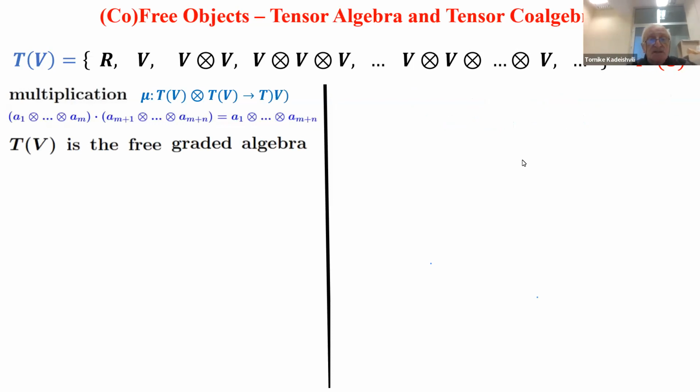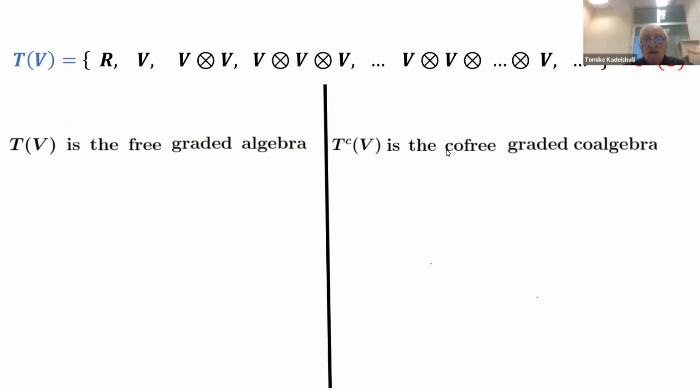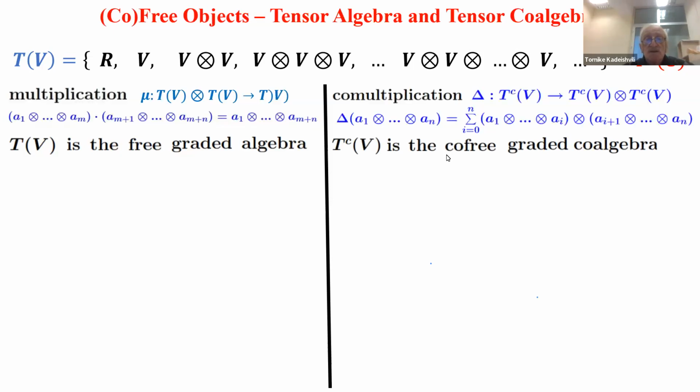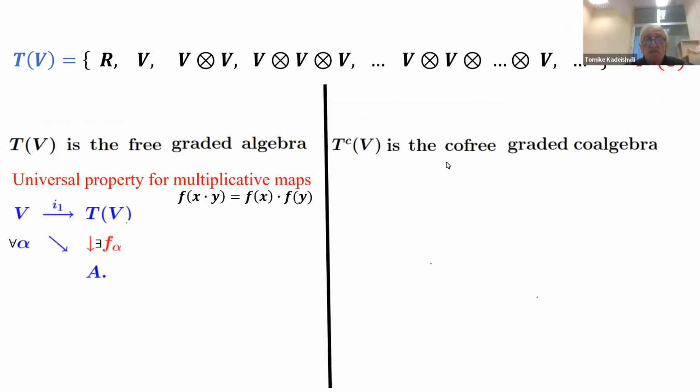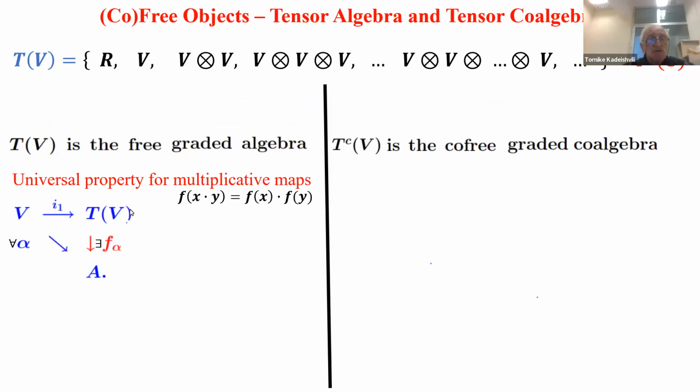This is the free algebra, and this is the free coalgebra. What does it mean, free? Why is TV a free object?